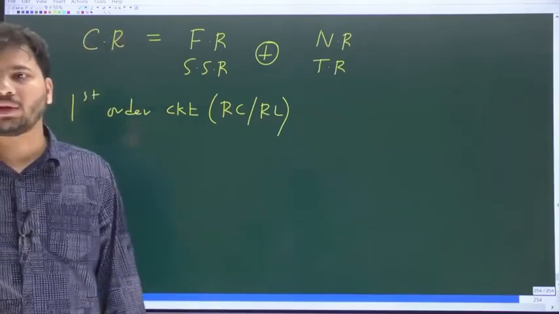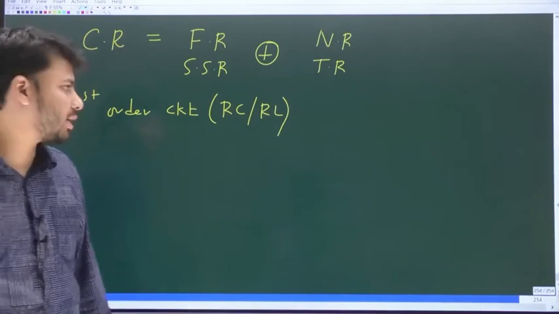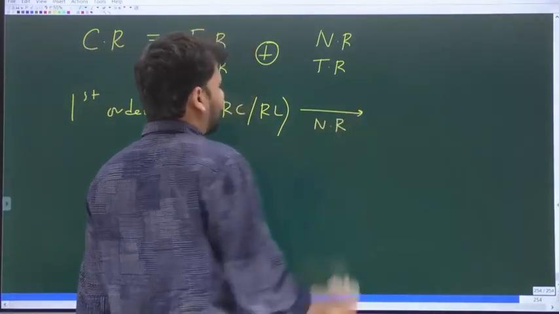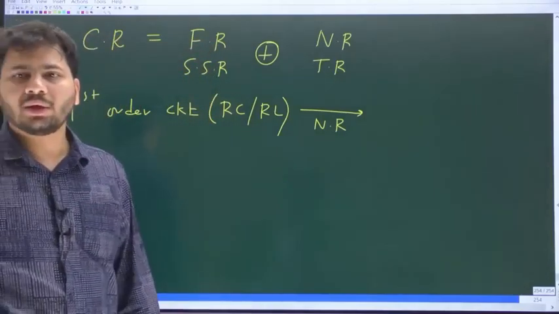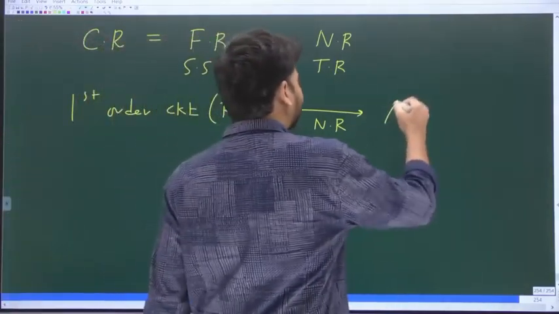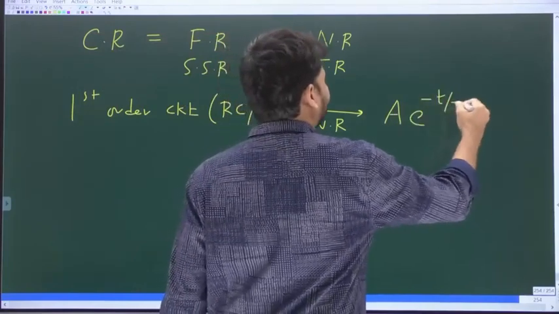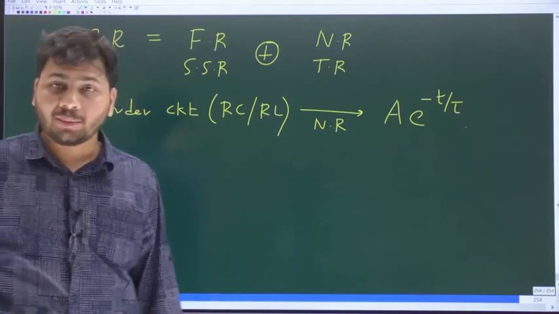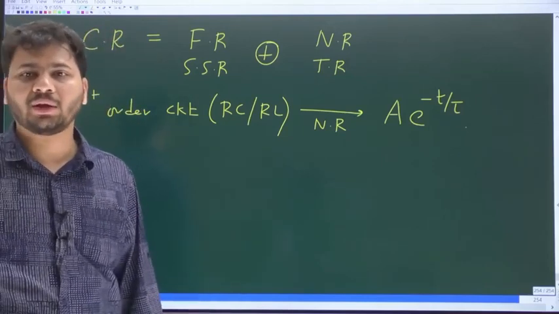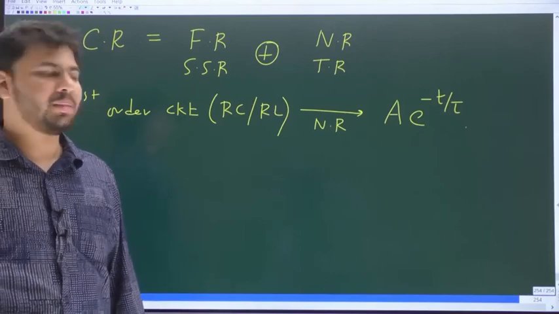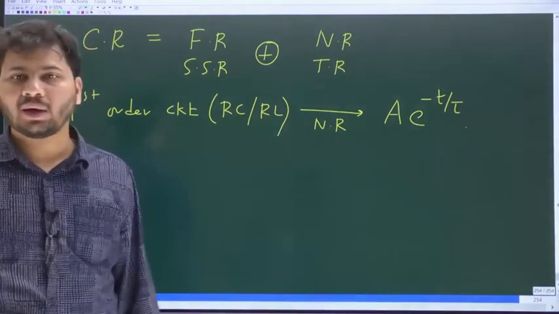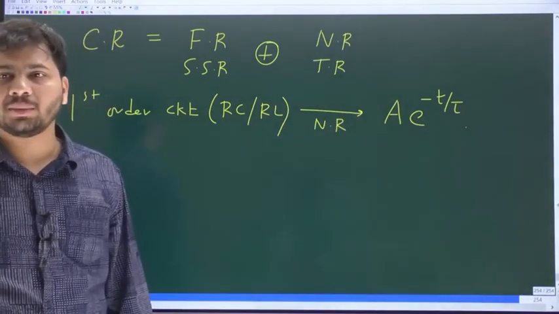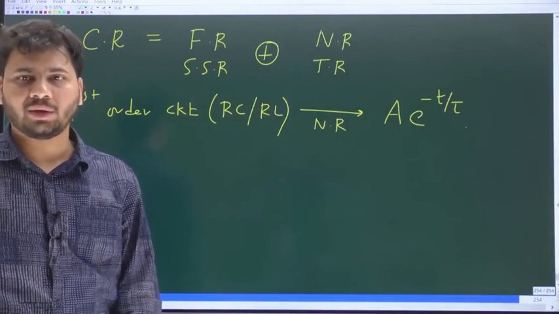Now the natural response of a first order circuit is always of the form A times e power minus t by tau. This is the form of the natural response of any first order circuit, be it the RC circuit or the RL circuit.